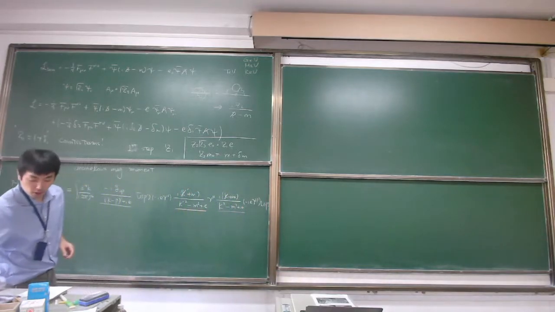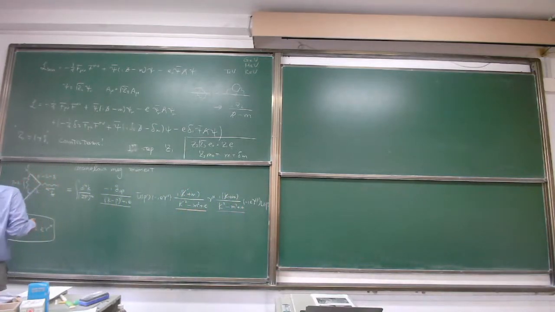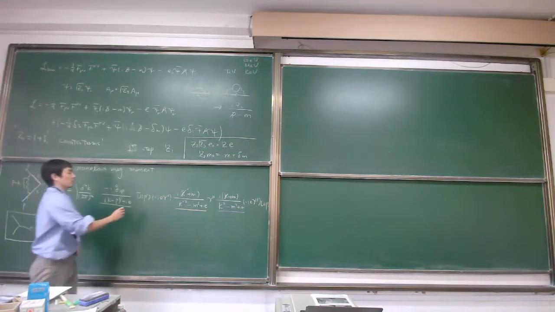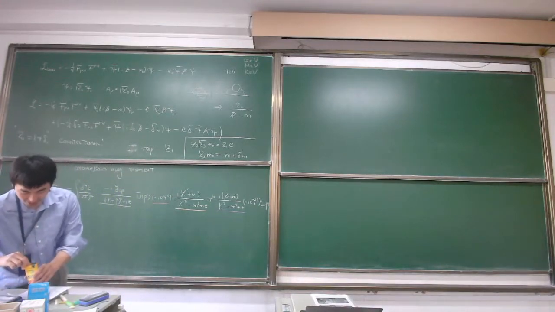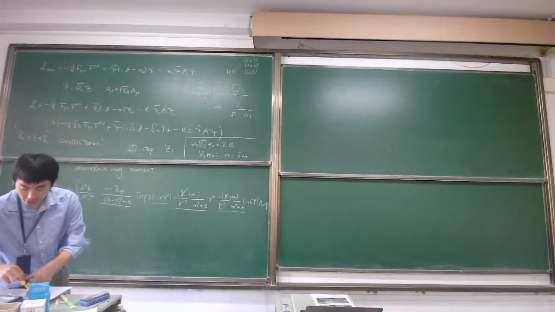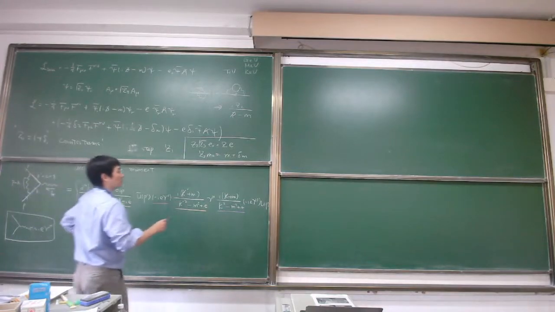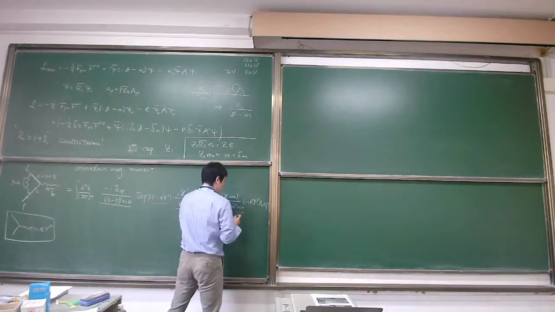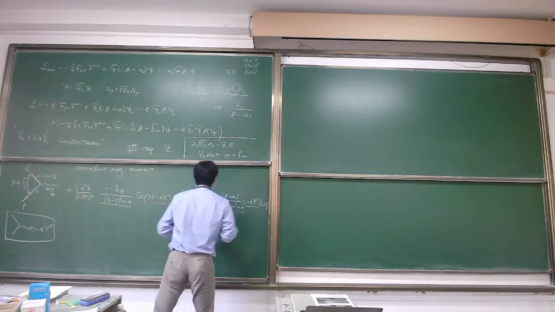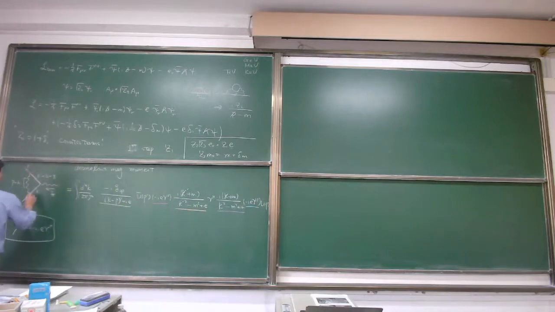And this point corresponds to this one. Most likely you already get used to it, but some students maybe not. Oh sorry, this is not epsilon, this is p. And then this vertex is coming from this.